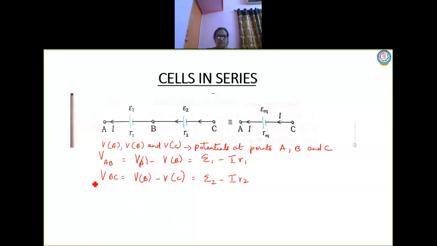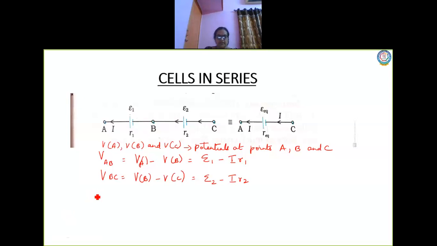Is it clear? Now, what is the potential difference between the terminals? Now, look at this diagram clearly. The potential difference between the terminals A and C, due to the combination, I have to write now.